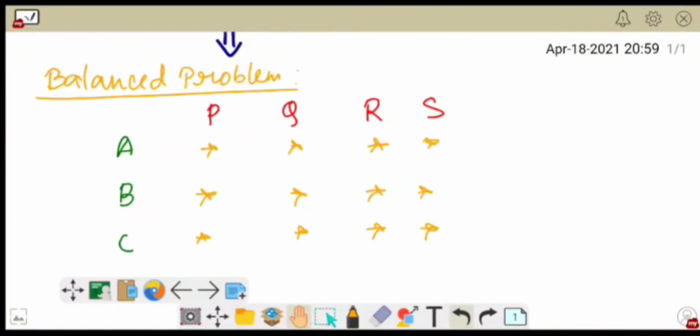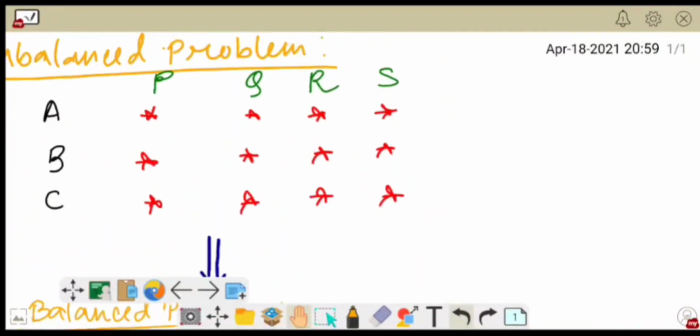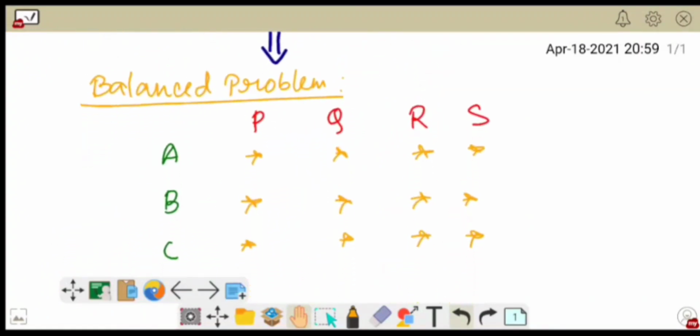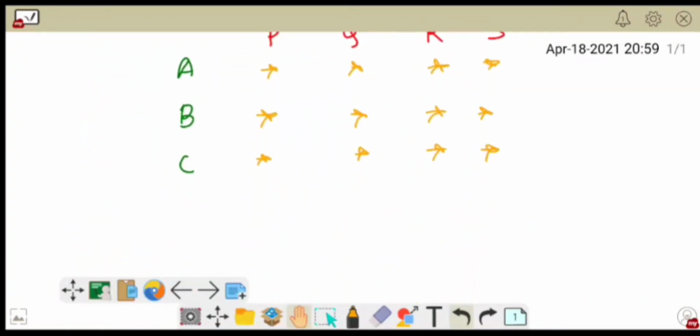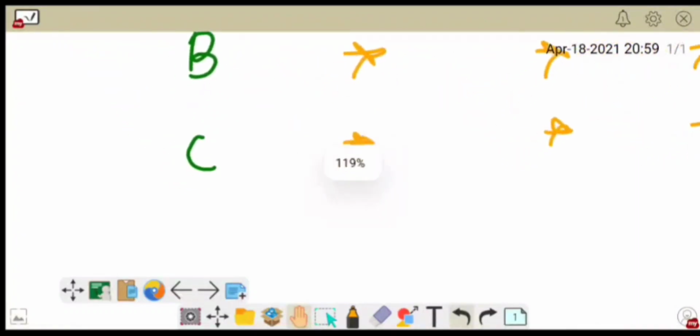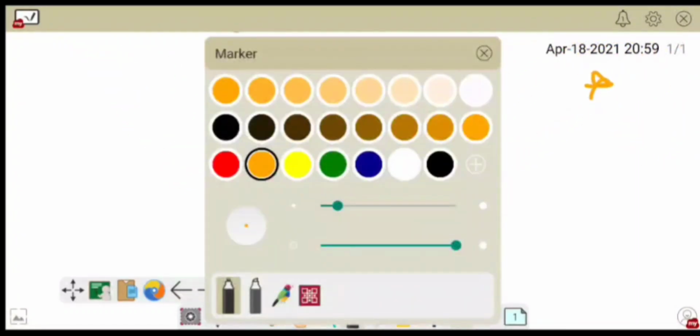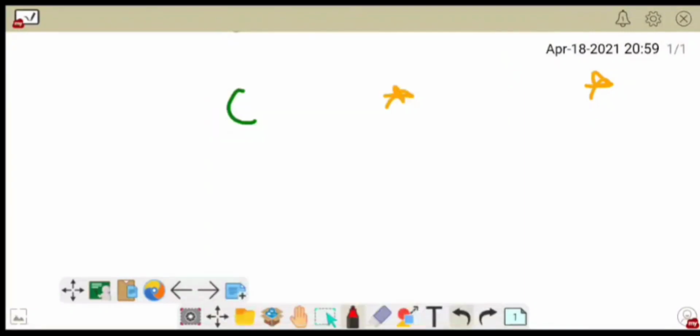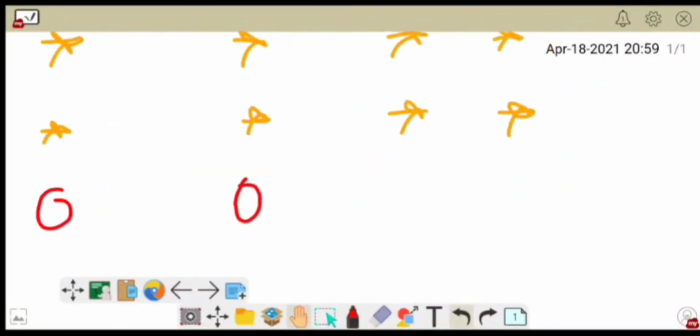Now we have to convert this unbalanced problem into a balanced problem with a dummy row. So now we will draw the dummy row. The dummy row is named D, consisting of 0.